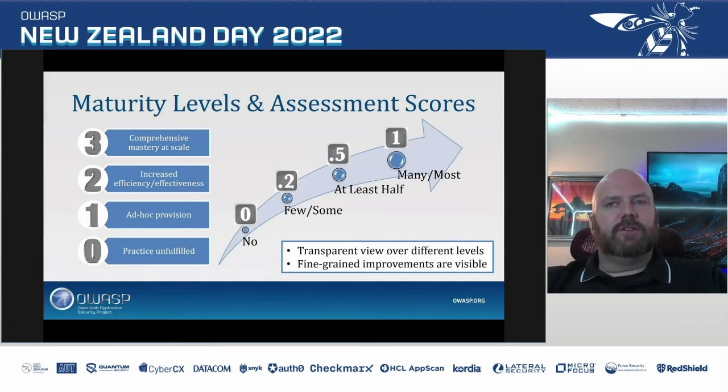As technologies changed and development methodologies changed, organizations would do different activities in different orders. So starting in 1.5 and continuing in 2.0, you can have answers for some, at least half, of the activities at different maturity levels, and you get credit for all of them.